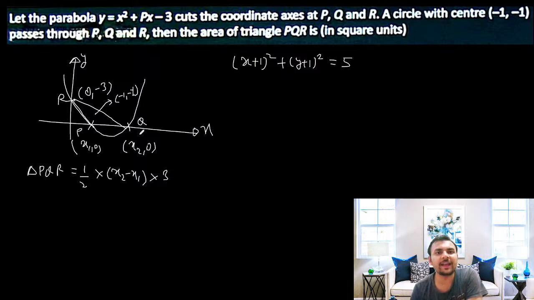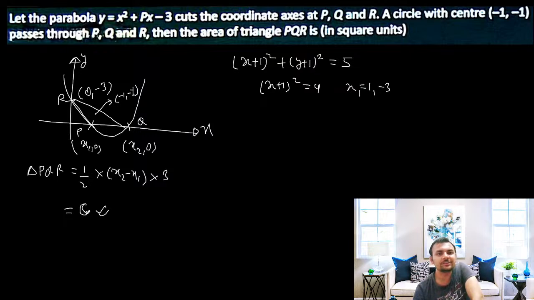Now in the x-axis y is 0, so we are getting x plus 1 whole square equal to 4. So x equal to 1 or x equal to minus 3. So x1 minus x2 is nothing but 4. 4 into 3 by 2, which is 6. So 6 is the answer.